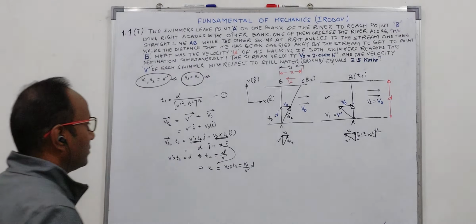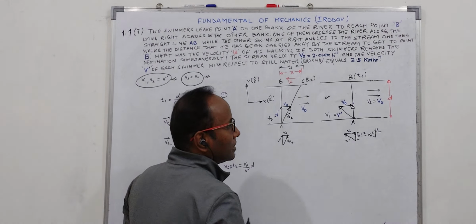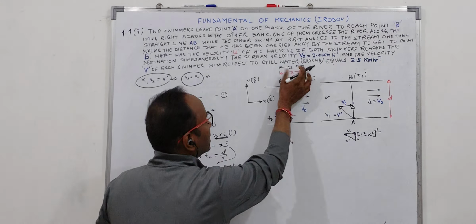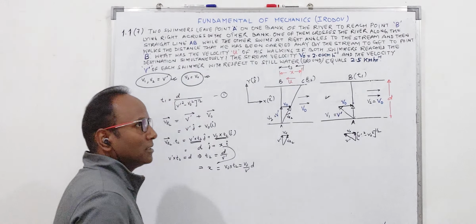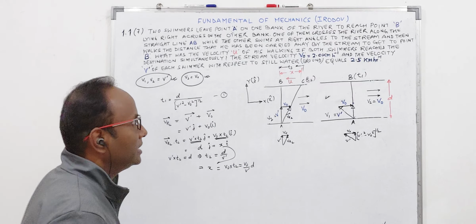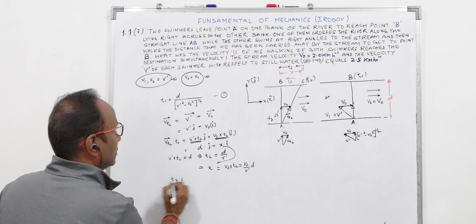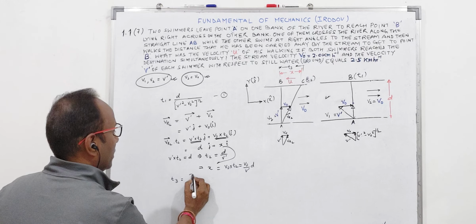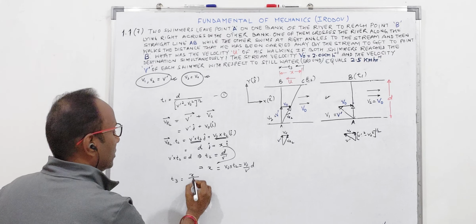Now swimmer 2 is walking from C to B, and let us say that time is T3. In time interval T3, he moves from C to B. So T3 is equal to X by u.